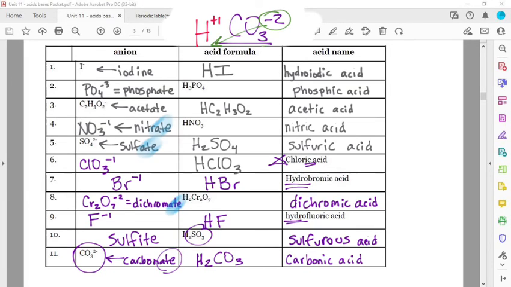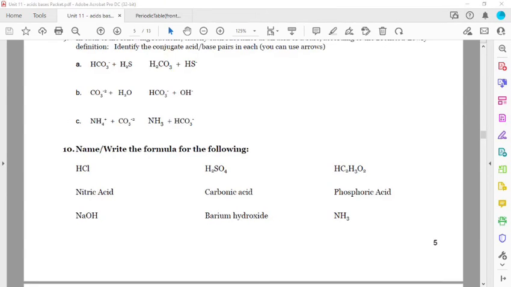So there are a few naming practice problems and formula writing practice problems at the bottom of page 5. Down here, that last chunk of properties, or of acid and base stuff, and most of these are acids, but these last 3 are actually bases.